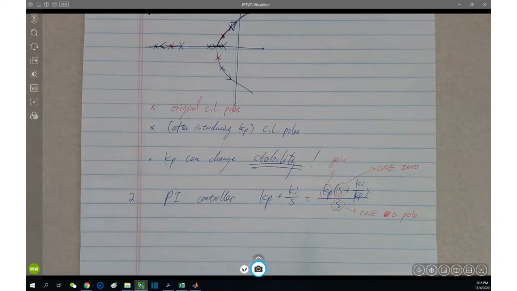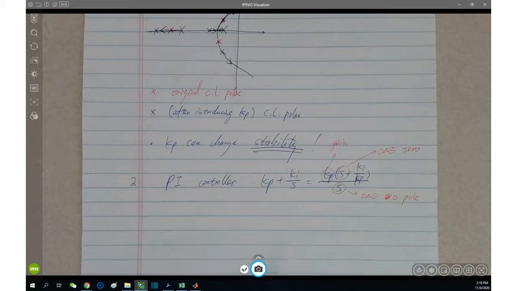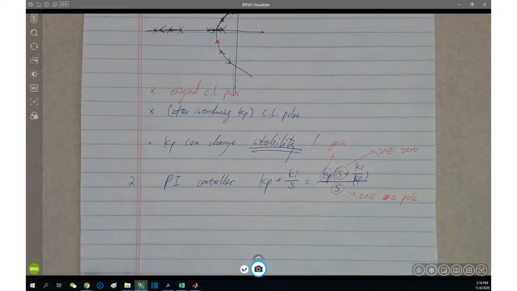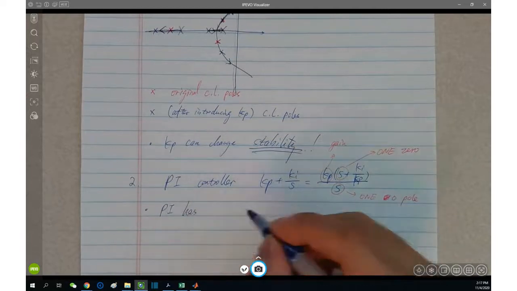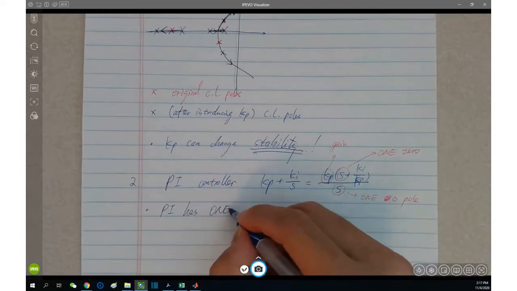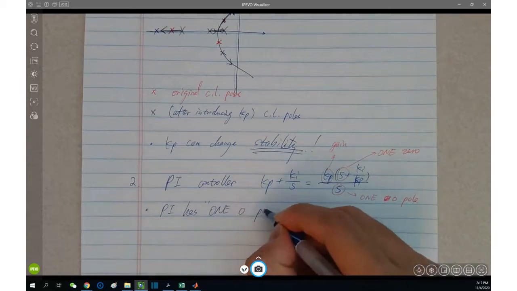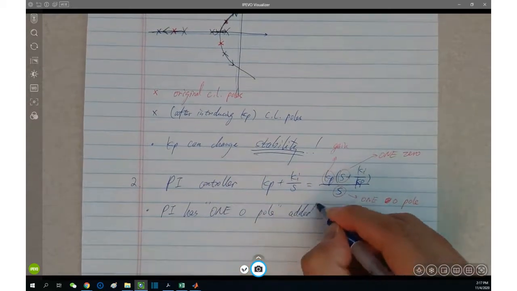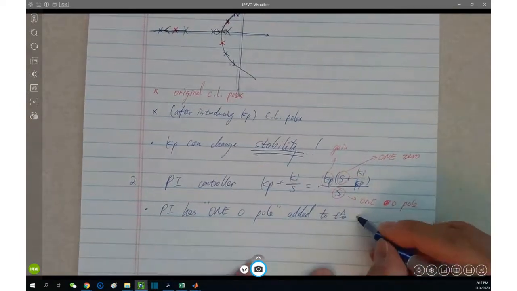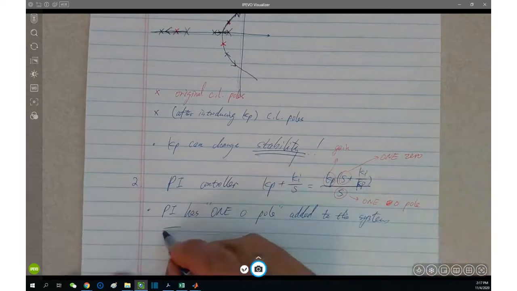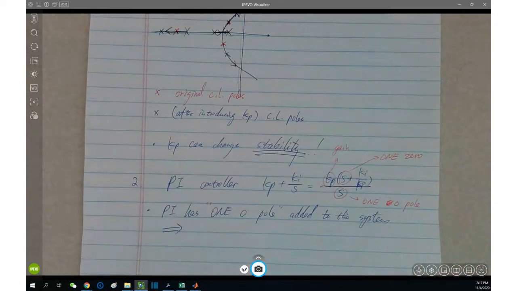So what can this do? PI has 1 zero pole added to the system. Does anyone remember what the number of zero poles in the forward transfer function means?